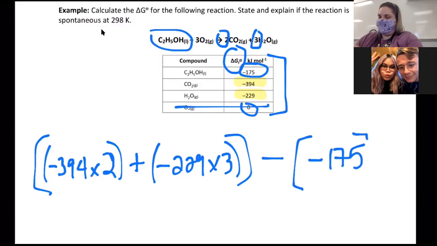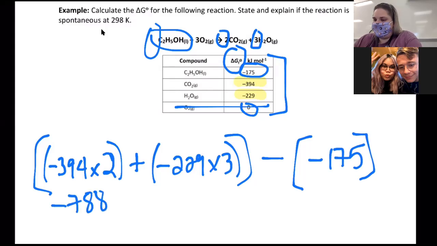So if I do my products, I get negative 394 times 2, so that's negative 788 plus negative 229 times 3, negative 687. So if I add those together, I get negative 1,475.